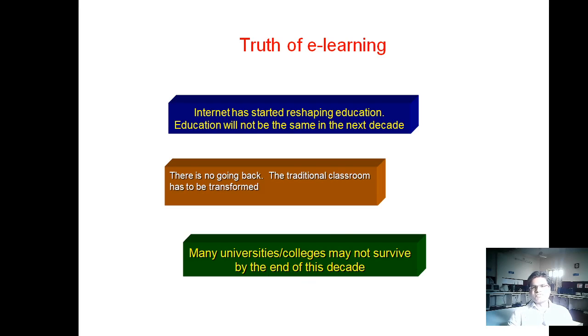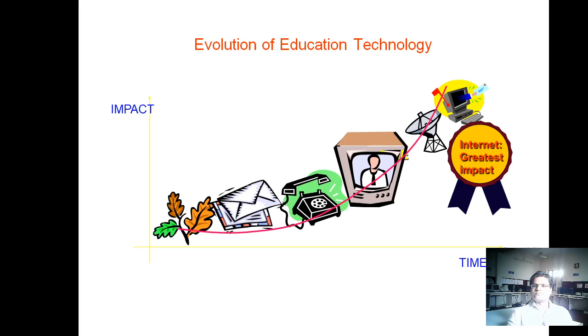If there is the influence of technology, then we have to say that there is great need of it. You will see this evolution of education technology. This is the impact of time. In those days, our ancestors used leaves to write on and pass the message.